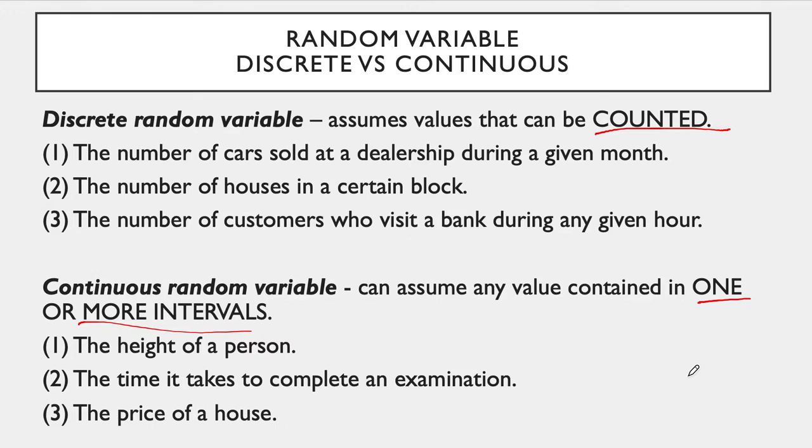Then x can assume any value in the interval 0 to 200. Consequently, x, the life of a battery, is a continuous random variable.